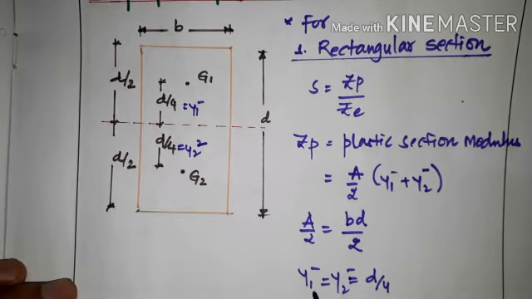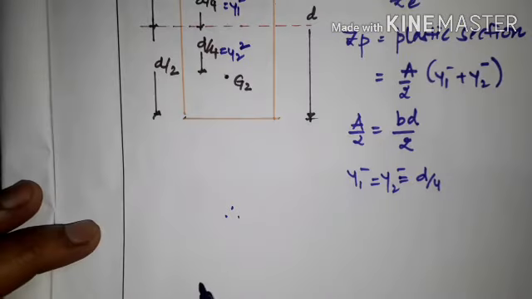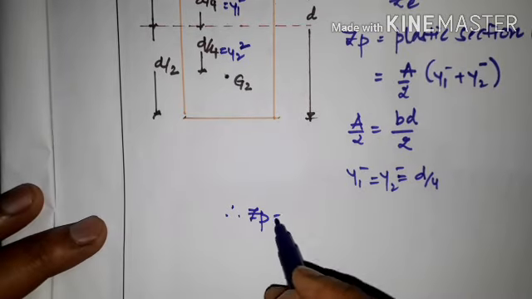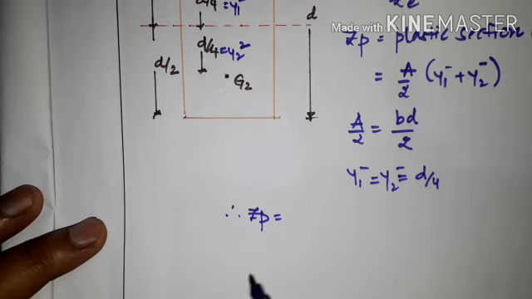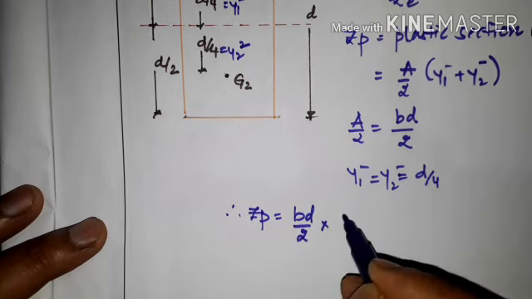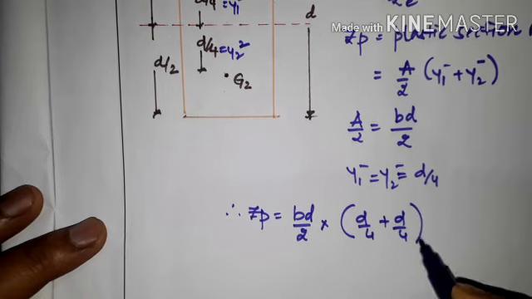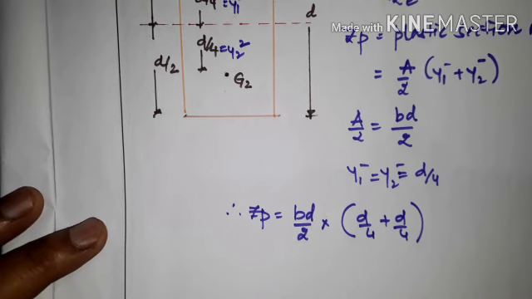So we substitute here. Therefore ZP is equal to A by 2, that is BD by 2, into y1 bar, d by 4, plus y2 bar, d by 4. So we get ZP as b d square by 4.